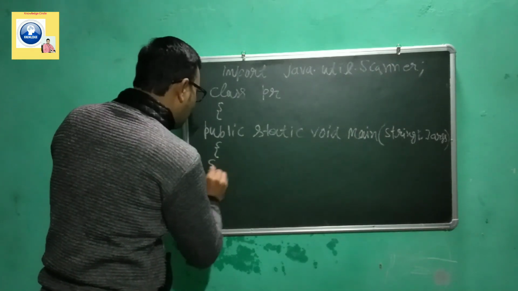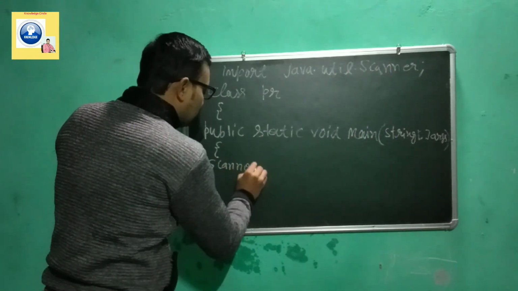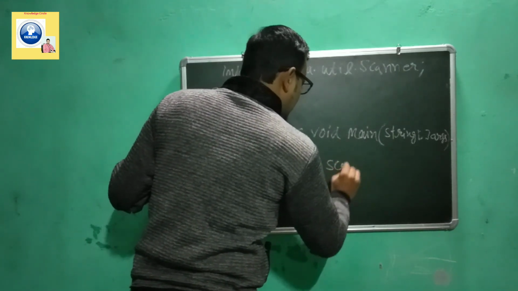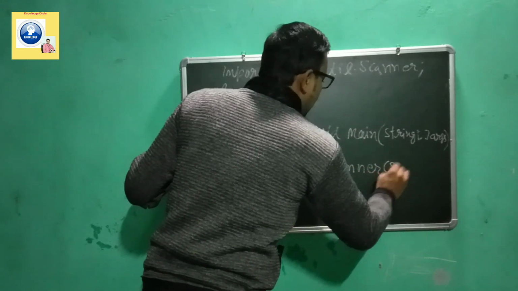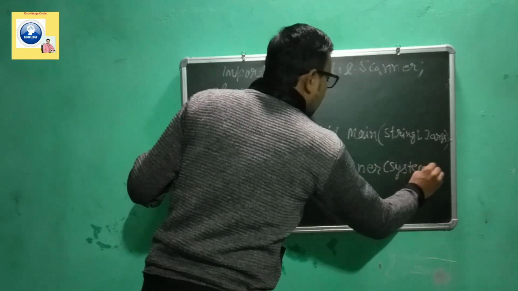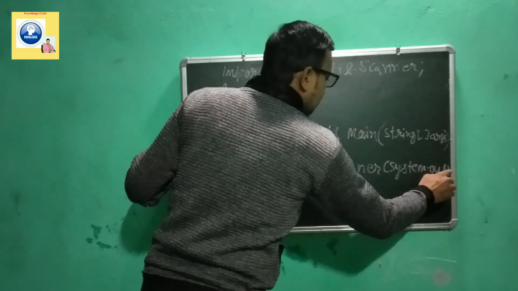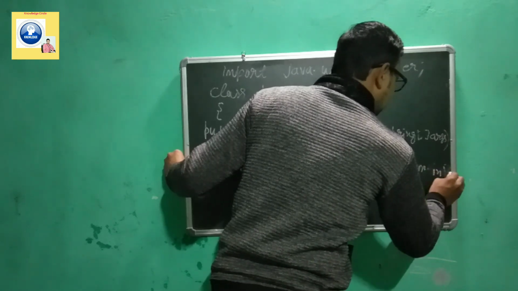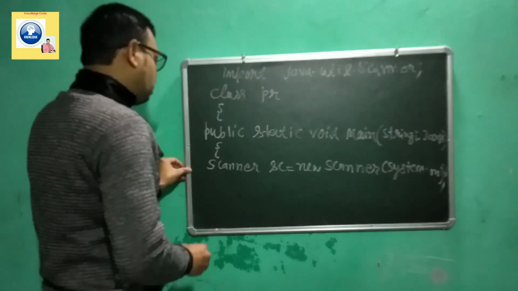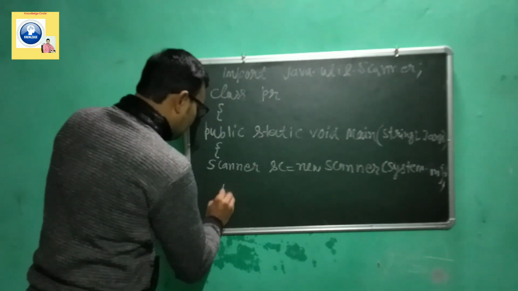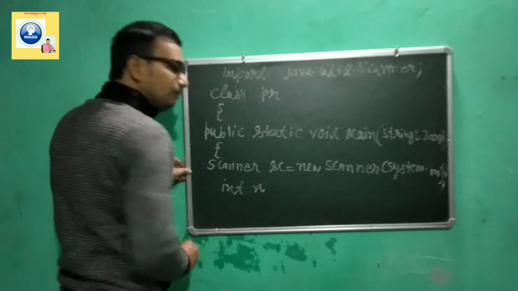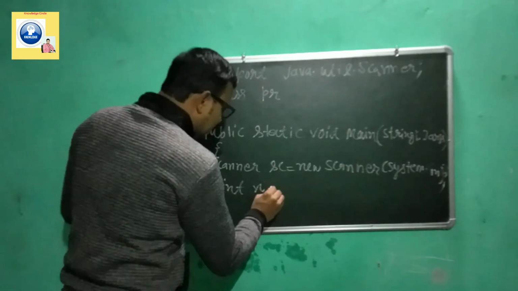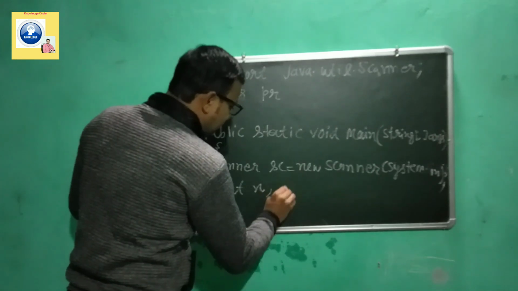Okay, now we need to declare some variables. So before the declaration of variables, let's create the object of the Scanner class. After the creation of the object of the Scanner class, we are going to declare the variables: int n for the number, and we need one for running the loop, that we can take as i.